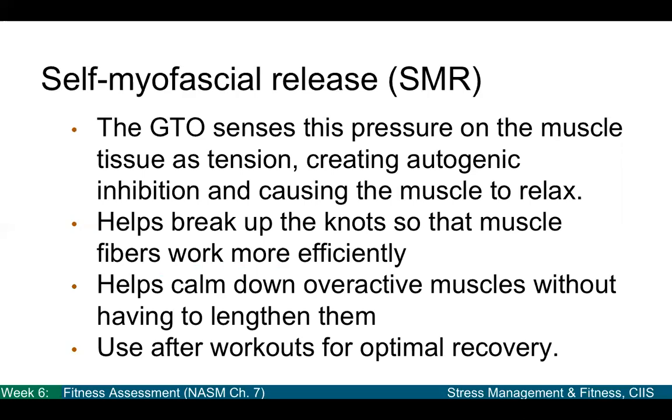So really, when you have knots in your muscles, it's trapped tension. So you want to engage the trapped muscles again to move forward these trapped muscles so that you can promote muscle relaxation. Okay, so ultimately the goal is to break down knots so that the muscle fibers work more efficiently.